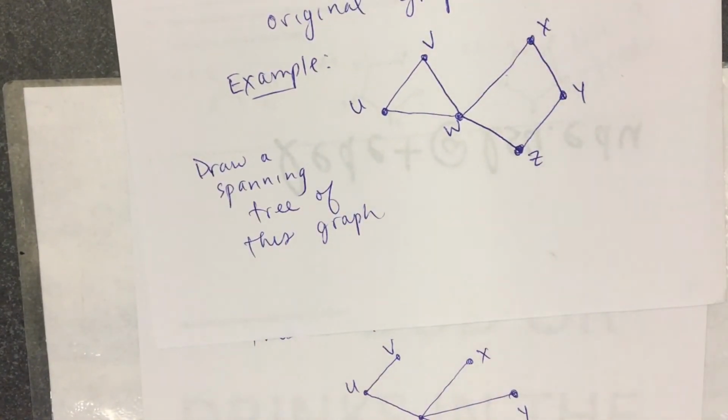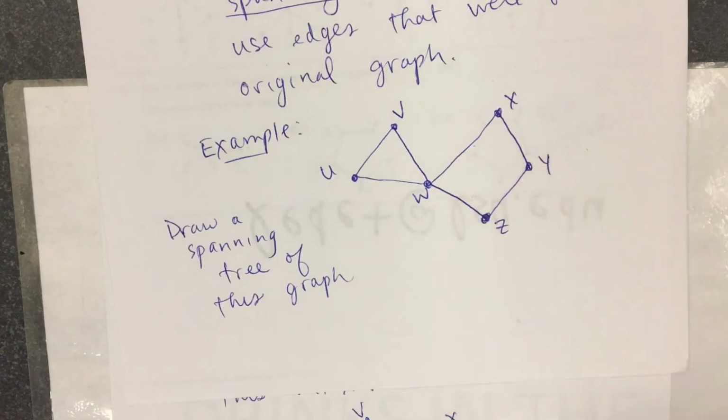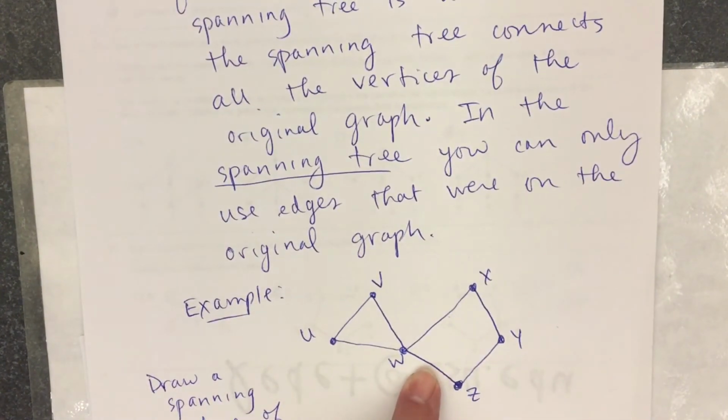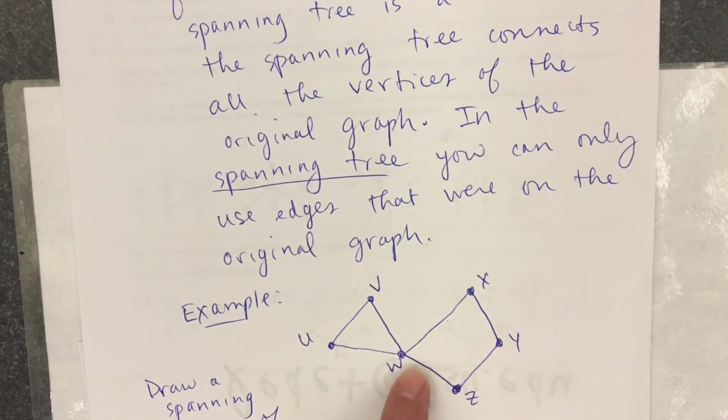You know what? Sort of like this happened. This graph might model streets in a neighborhood. And this would be like saying, you know what?